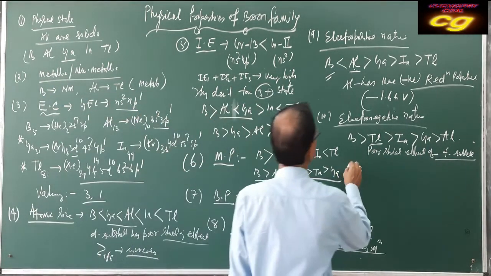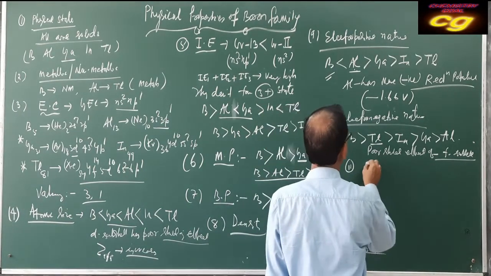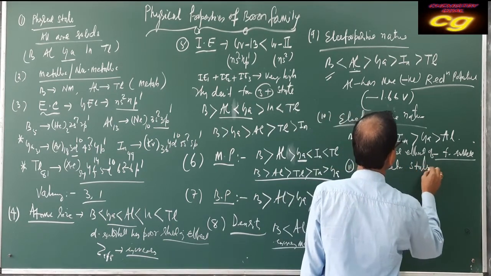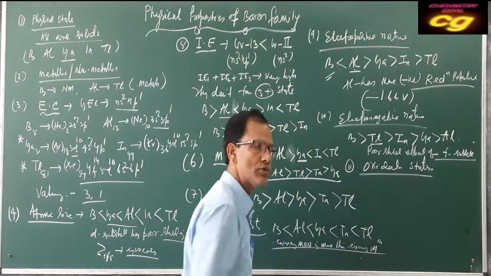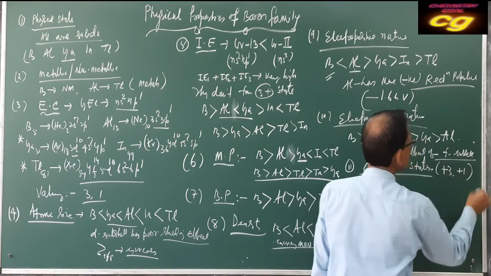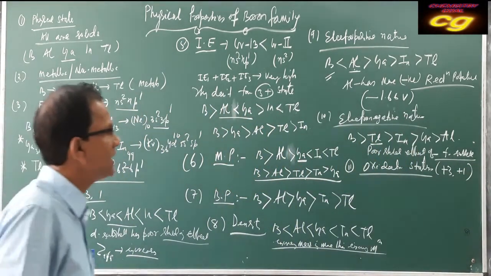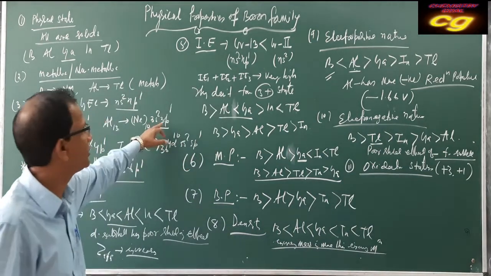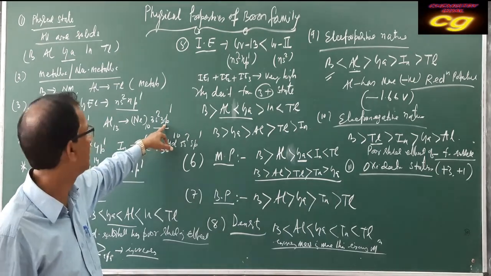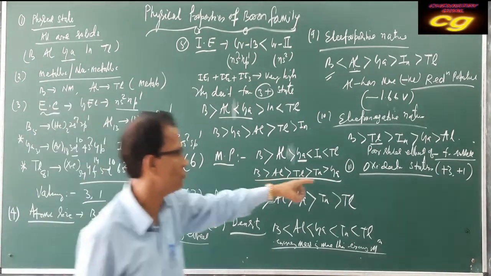Then the last one is oxidation states. Boron family generally shows +3 and +1 states. It has 3 electrons, that's why +3. It has one subshell, the p subshell, having 1 electron, that's why it shows +1.